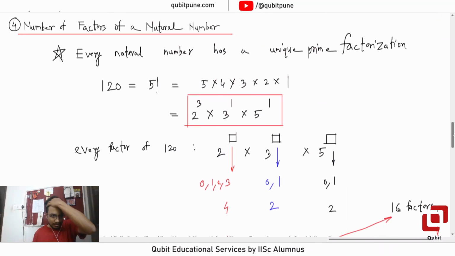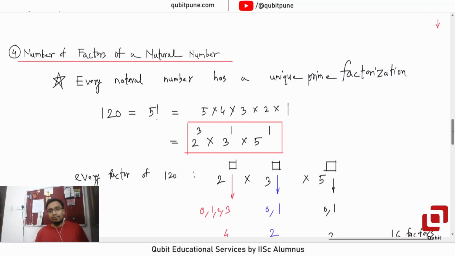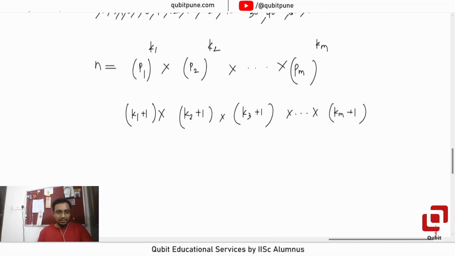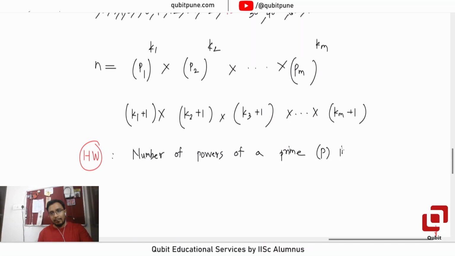Yeah, there is also a formula to calculate the prime power in n factorial. You can just take it as homework. The number of powers of a prime p in n factorial is given by the greatest integer of n by p, plus the greatest integer of n by p squared, and so on.